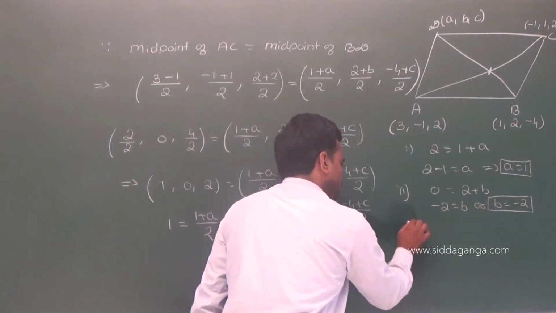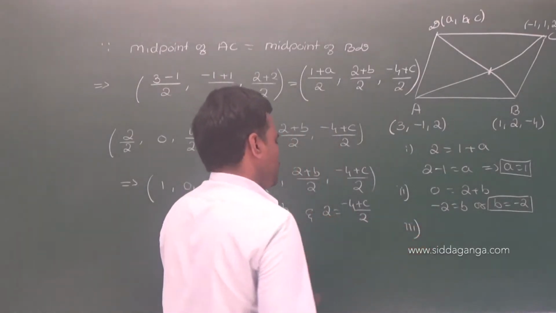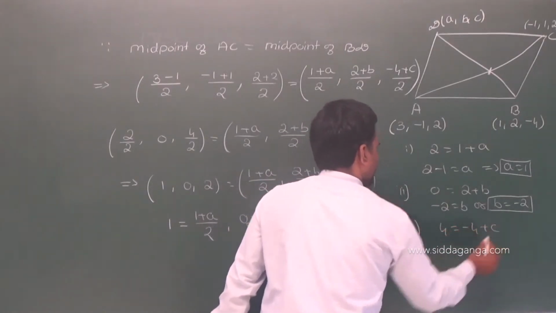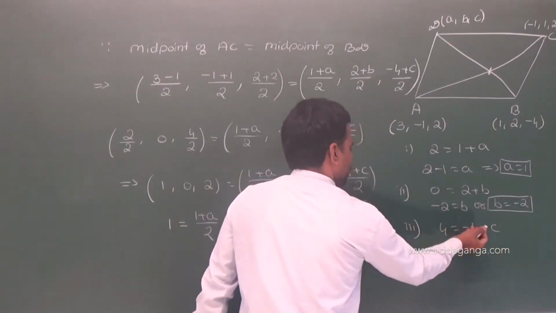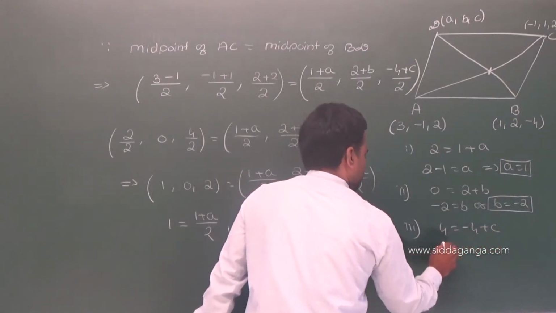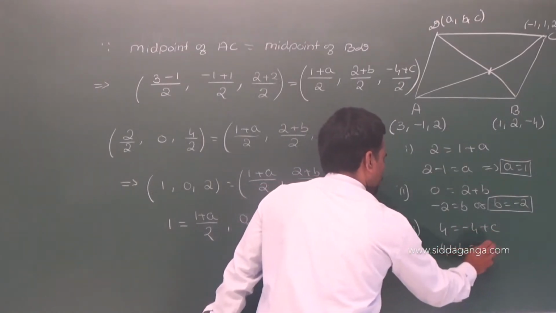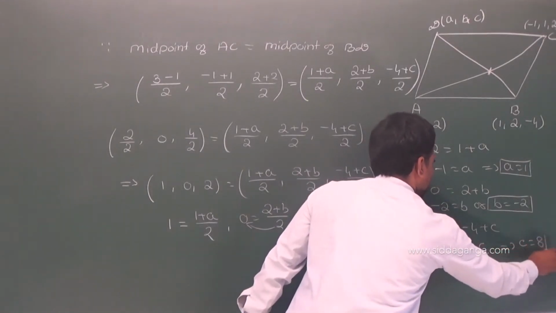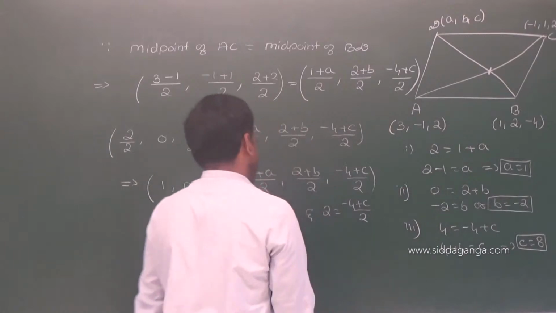Third value: on cross multiplying, 2 2s are 4. 4 is equal to minus 4 plus C. Shifting minus 4 from right side to left side, 4 plus 4 is equal to C. That implies C is equal to 8.